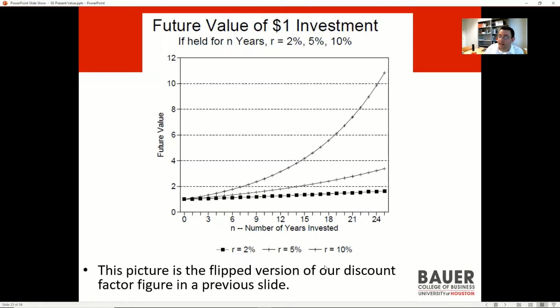If you're investing at 10% over 10 years, then $1 today is going to grow to about $3 at time 10. That should sound about right, because if you remember the discount factor figure, we saw that $1 at time 10 with a 10% discount rate, we're only valuing that at like 30%.